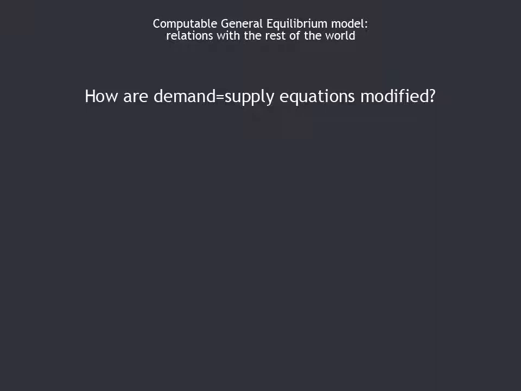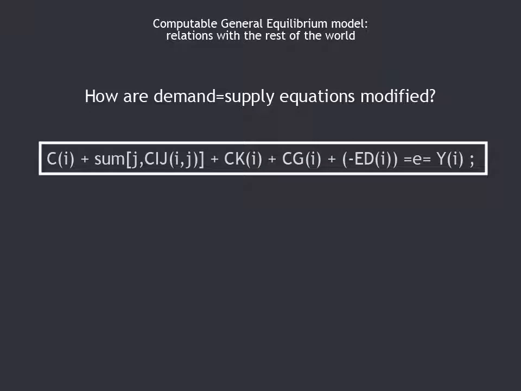And so right now the new equation is simply C in sector i plus the sum over j of Cij of good i by sector j plus CK in sector i plus CG in sector i plus minus ED in sector i must be equal to Y in sector i.